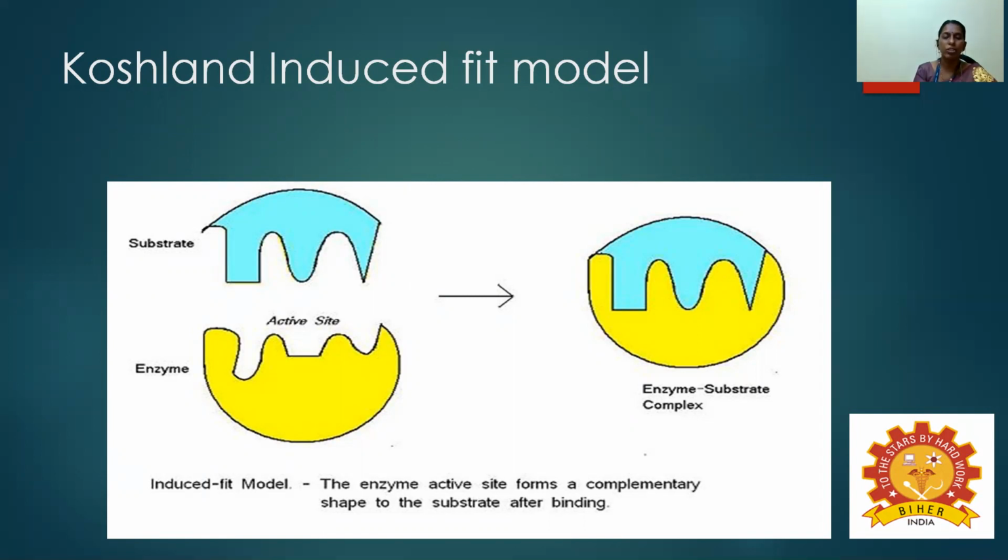Changes in the shape of the enzyme molecules are produced. So it is applicable for regulatory enzymes. The inactive form of an enzyme can be converted into the active form through a conformational change in shape. So here it is flexible. All the allosteric enzymes are involved in the Koshland induced fit model.